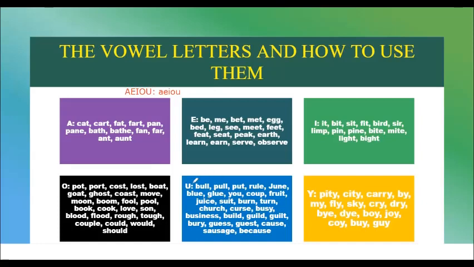Then we have the vowel letter U, and we have the following varieties of sounds derivable from the vowel letter U. We have bull, the short U sound, pull, put. Then we have rule, the long U sound, June, blue, glue, you, who, fruit, juice, suit. Then we have another sound: burn, turn, church, curse.